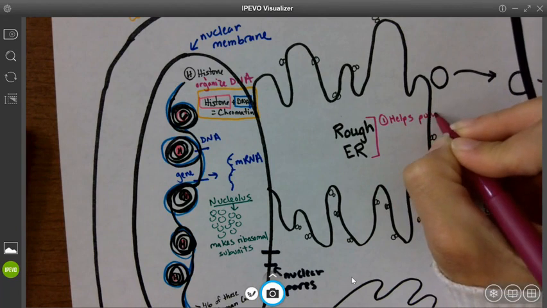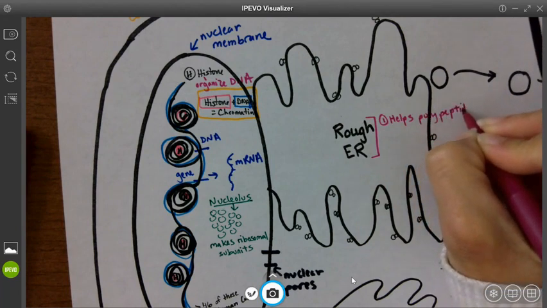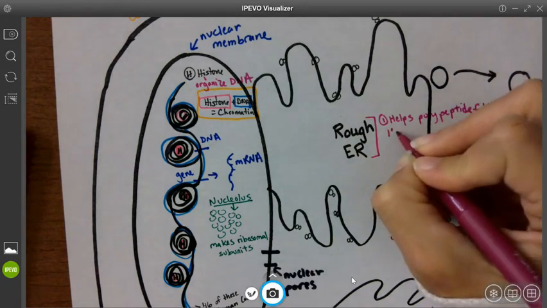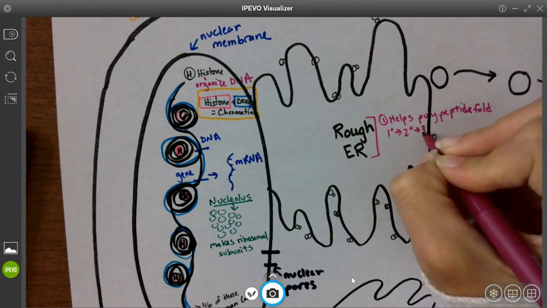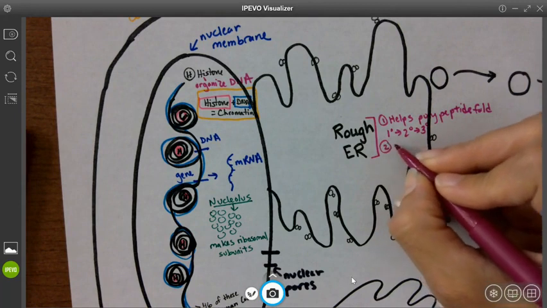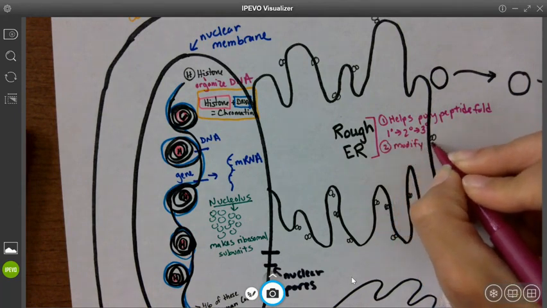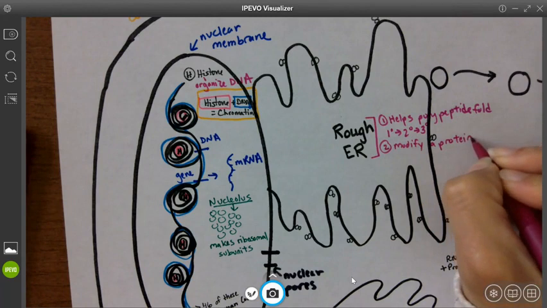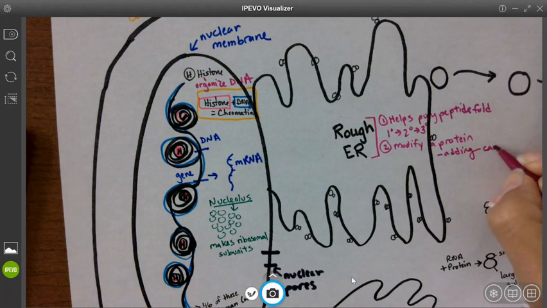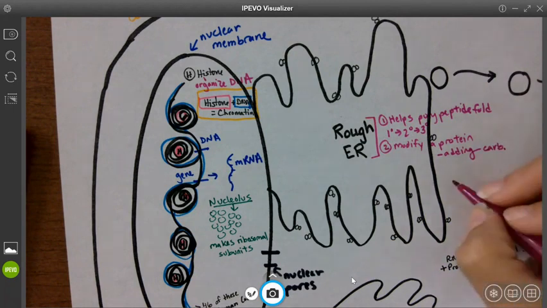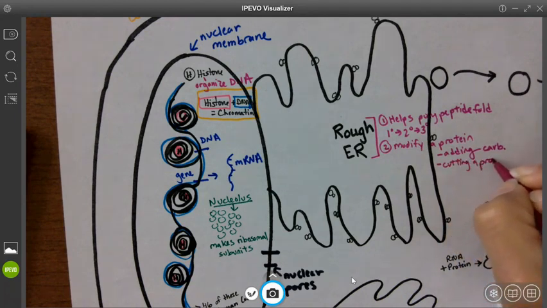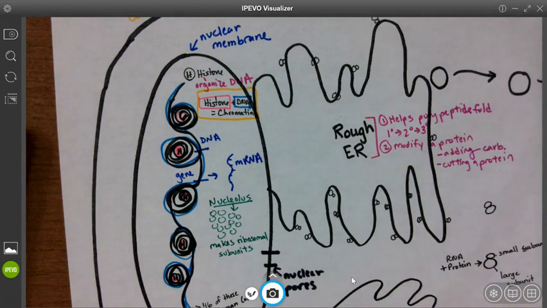It helps a polypeptide fold from the primary to the secondary to the tertiary structure. It can also modify a protein by adding a carbohydrate group to make a glycoprotein, or cutting a protein to activate it or inactivate it.